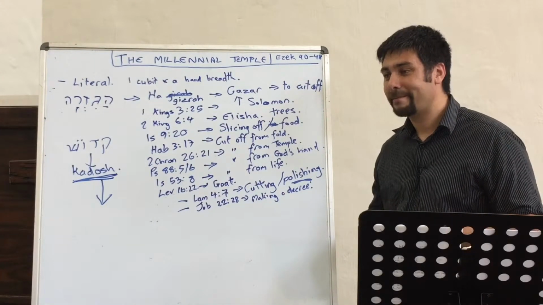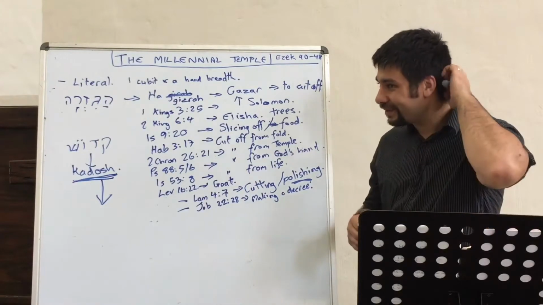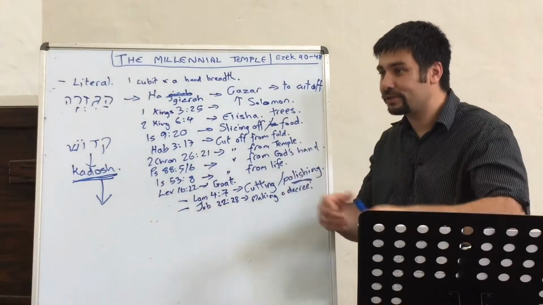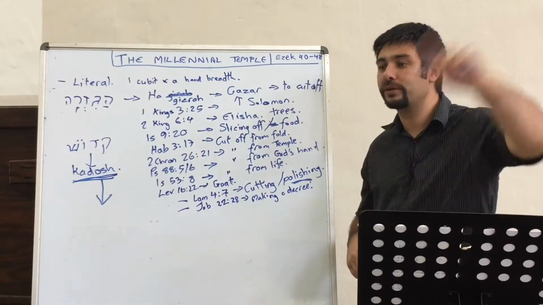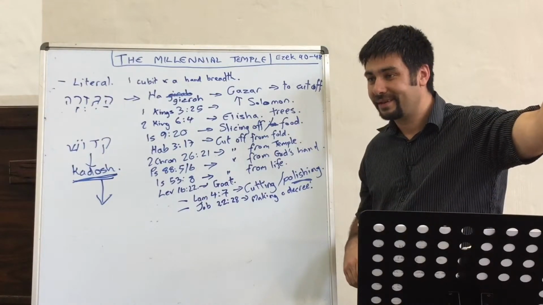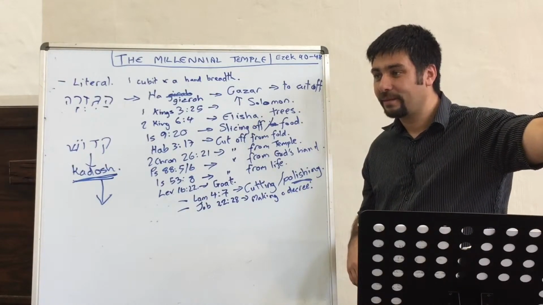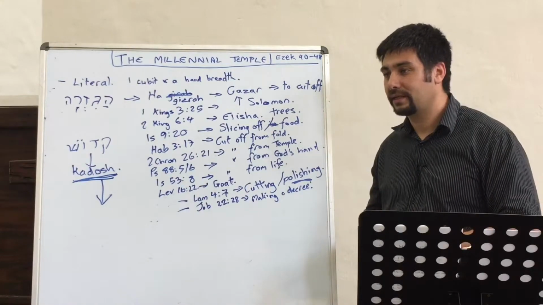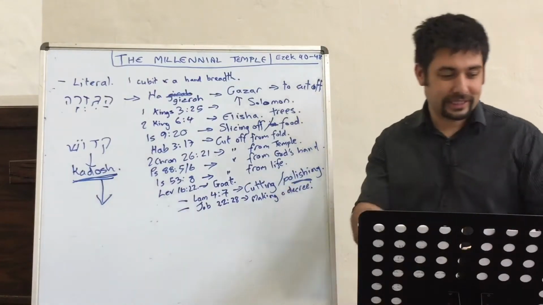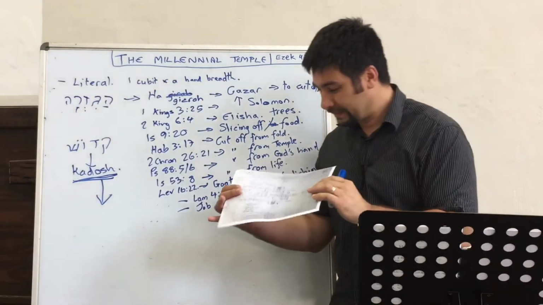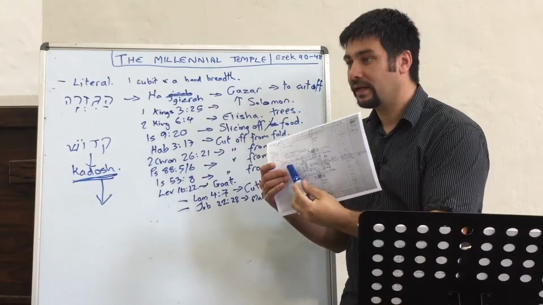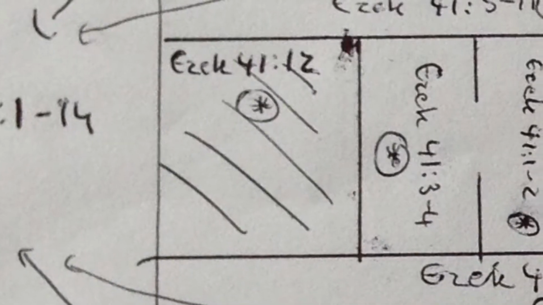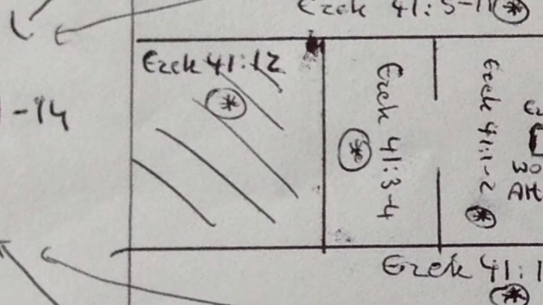In other words, the bull can't be burned. Parts are burnt on the altar, but the rest of it normally was burned outside the camp. But it won't be burned outside the camp because all of Jerusalem will be holy. So God puts this part in the temple and separates it from everything else as a perpetual fire to burn all those sacrifices in there.